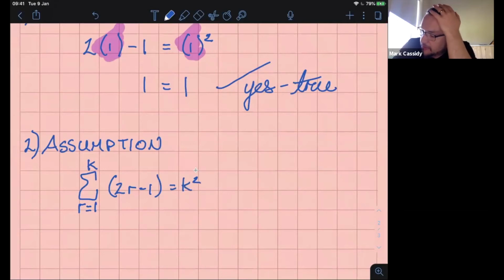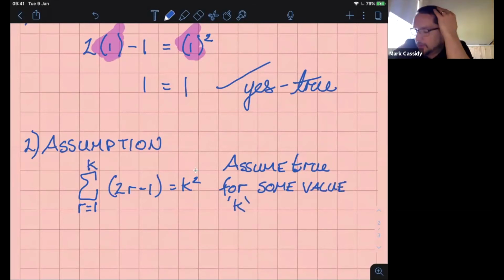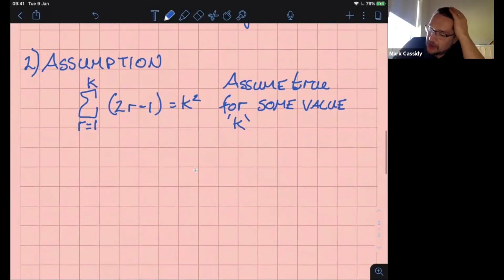So we're going to assume it's true for some value k. Okay, we're going to assume that it's true for some value. We've shown it's true for 1, but we're going to assume then that it's true for some value of k that we don't know about, nor do we care about at this point. Okay, then we're going to do the inductive step. Okay, so this is the inductive step.